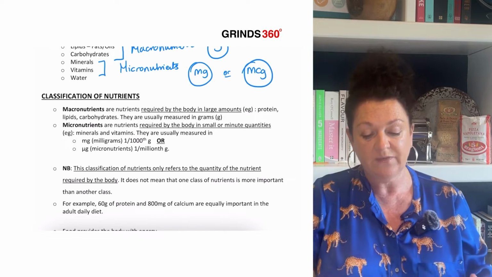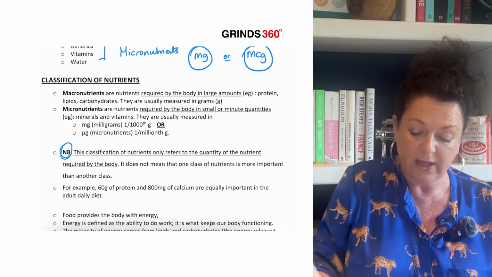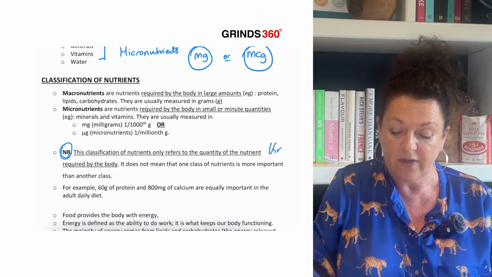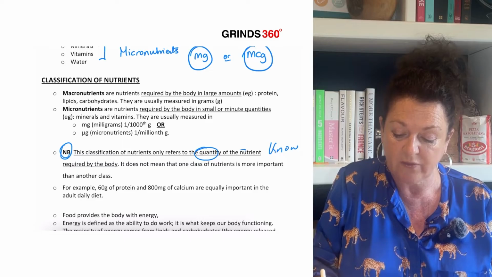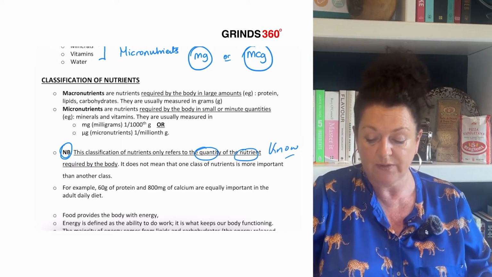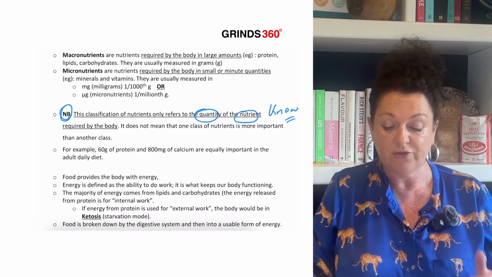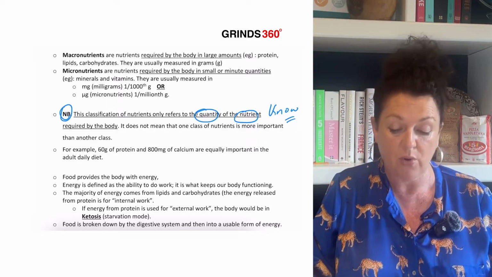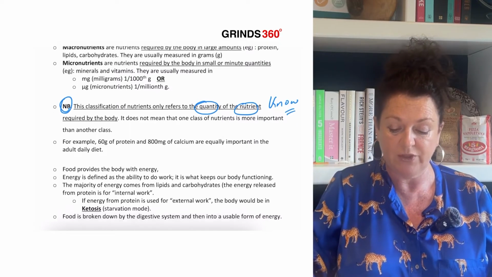So we have our classification here. Now, this is extremely important: the classification only refers to the quantity of the nutrient. It is not referring to the importance. So make sure that we know this. 60 grams of protein, 800 milligrams of calcium, equally important as the 1.6 micrograms of vitamin B12.